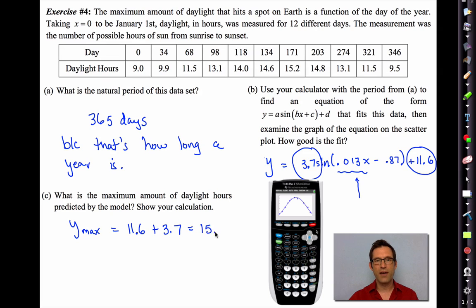And when I do that, I get a maximum daylight of 15.3 hours. Fits the table pretty well, where I saw the maximum daylight being 15.2 hours. Okay, so 15.3 hours. All right, pause the video now and write down anything you need to.